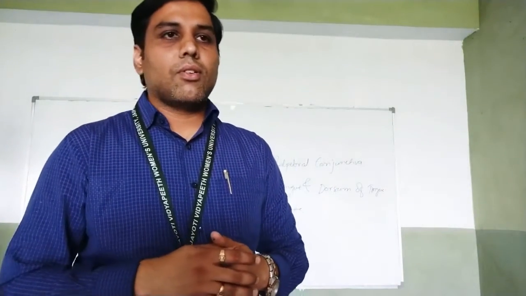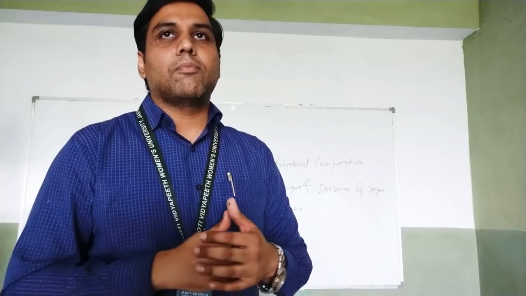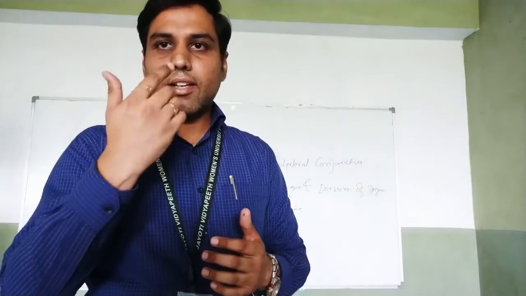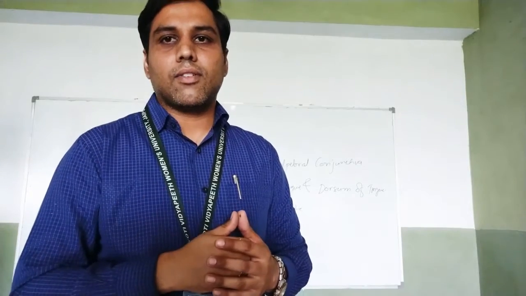What do we have to look for in the lower palpebral conjunctiva to elicit pallor? Here you can see there are two parts, the posterior part and the anterior part. Generally in healthy people these both have different colors. The anterior lower palpebral conjunctiva is somewhat more reddish than the posterior one.